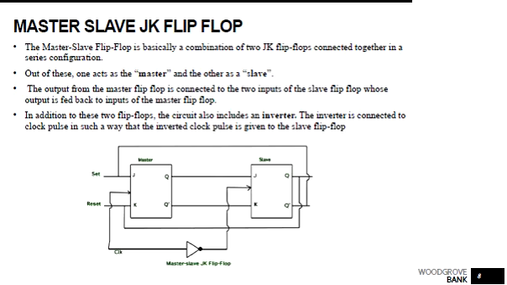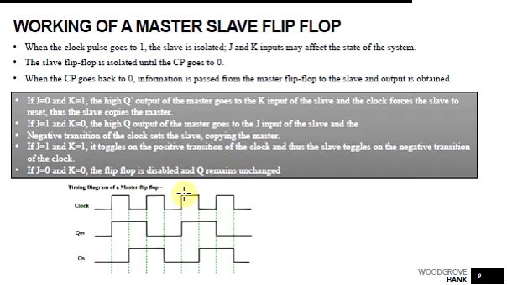So the toggling is the condition. When we give the positive triggering pulse here, this will toggle, so Q becomes high. Initially it was 0, now it goes to the high state.